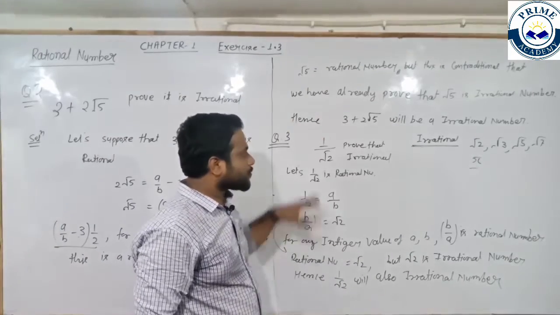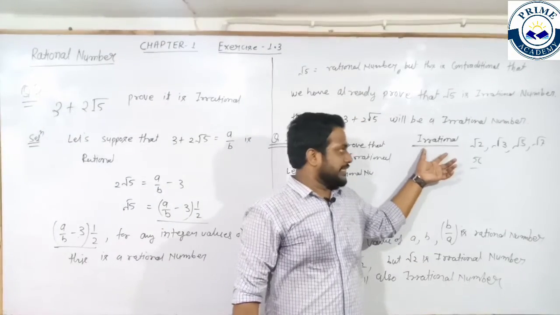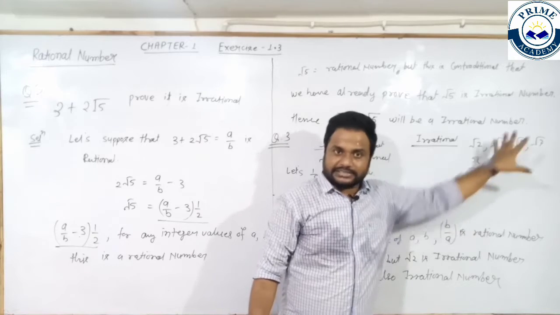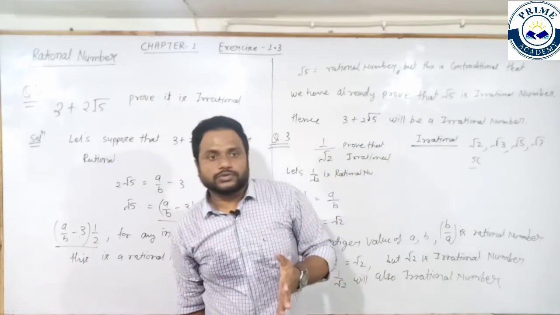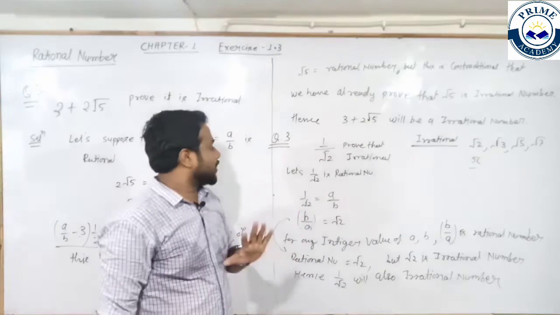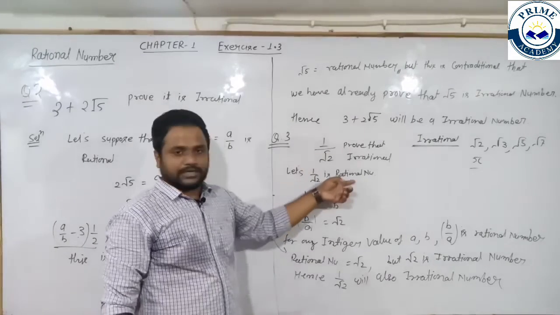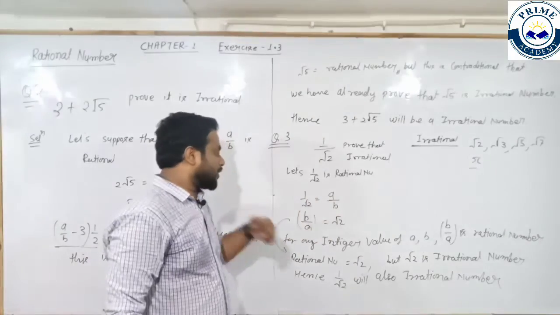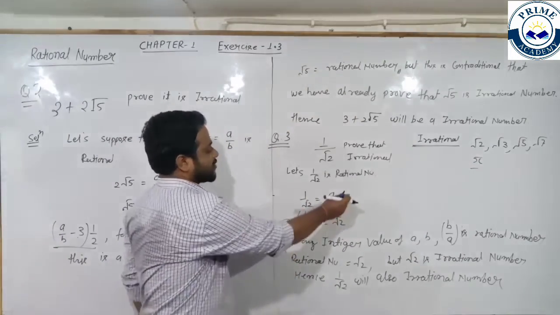So initially we know that irrational numbers are what? Root 2, root 3, root 5, root 7 and pi. This you already know from the examples given in your NCERT book. Now let's assume that this is a rational number, right? If it is rational, can I write a by b? Okay. So you just simplify and transpose it.